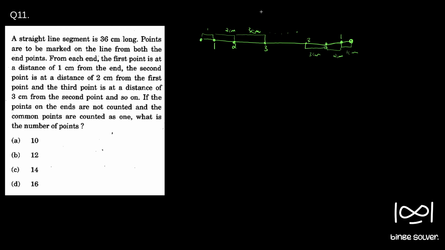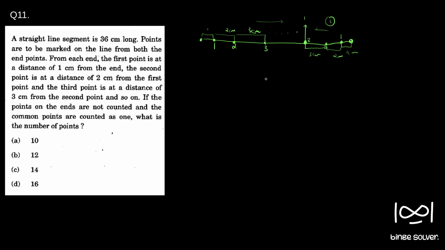We mark from both ends, and the points that coincide will be counted as only one. That is what is given. Say when we come from this side and this side, this point coincides, then it will be counted as just one instead of 2 points. If you mark it like that, what is the total number of points?